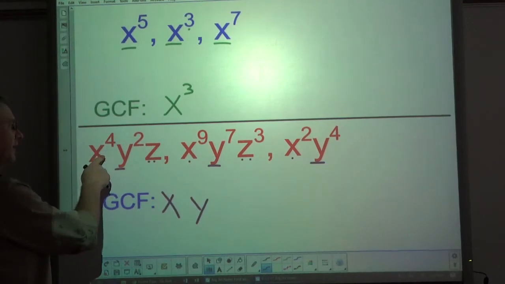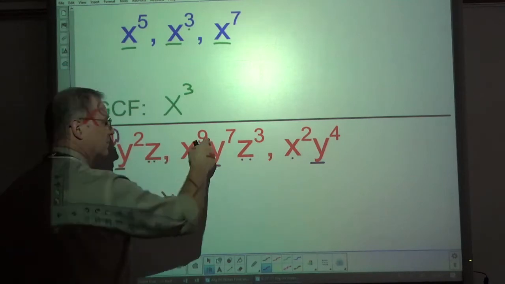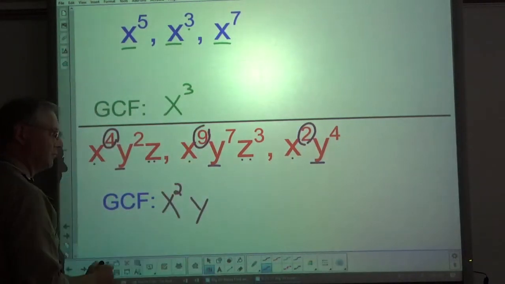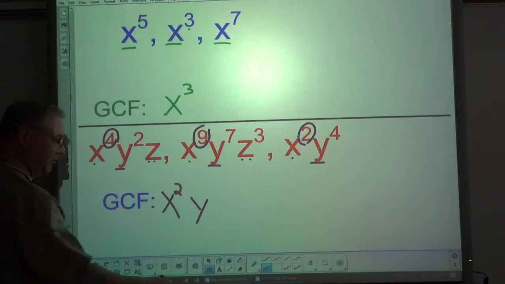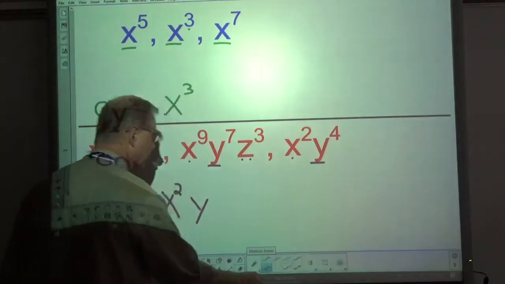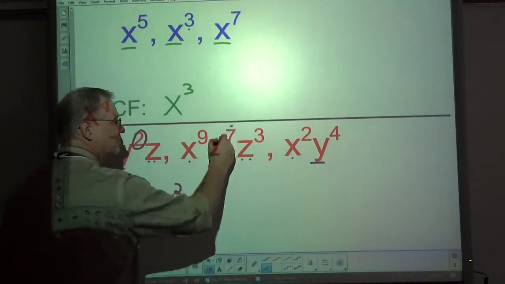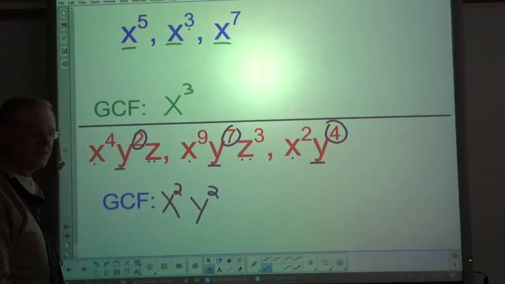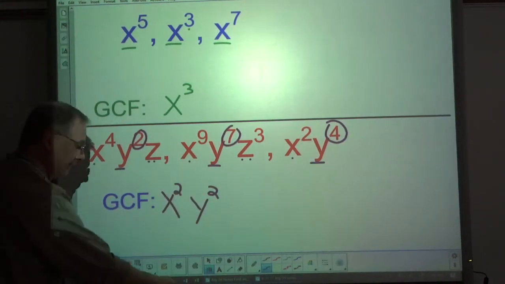Smallest exponent for X: 4, 9, 2. Well, smallest exponent for X is 2. Smallest exponent for Y, let me just erase those so that I don't look at that again. 2, 7, 4. Well, 2 happens to be also the smallest exponent for Y.